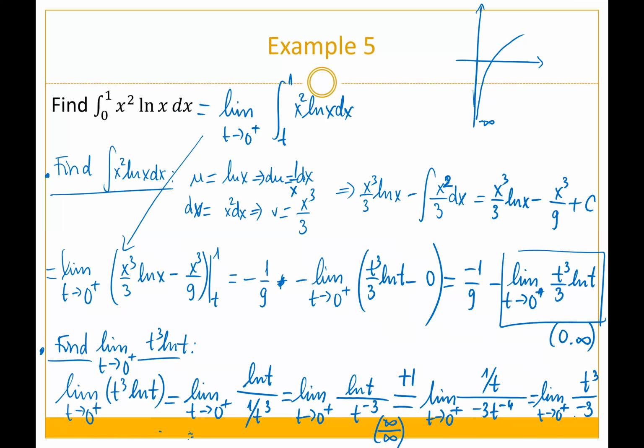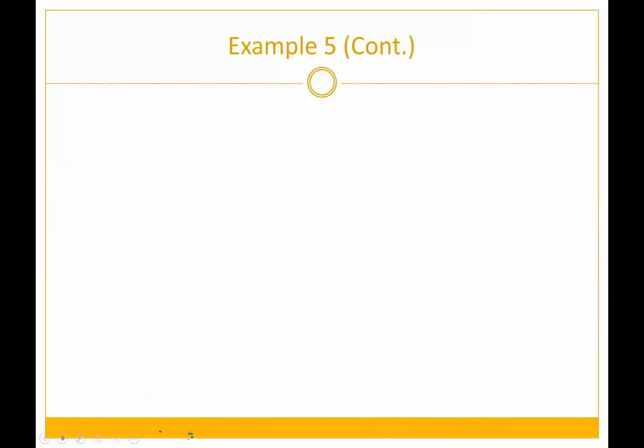As t approaches 0, this thing is just going to equal 0. So for the entire thing, the integral from 0 to 1 of x squared ln of x dx is equal to negative 1 over 9. Let me check my final answer to see if this is correct.